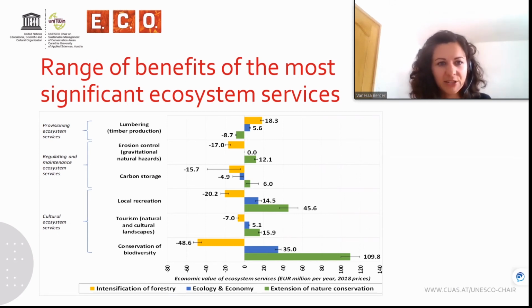And as you can see, the carbon storage in here is not as huge in volume as the conservation of biodiversity, but carbon storage is also very important, also if we have climate change in mind.